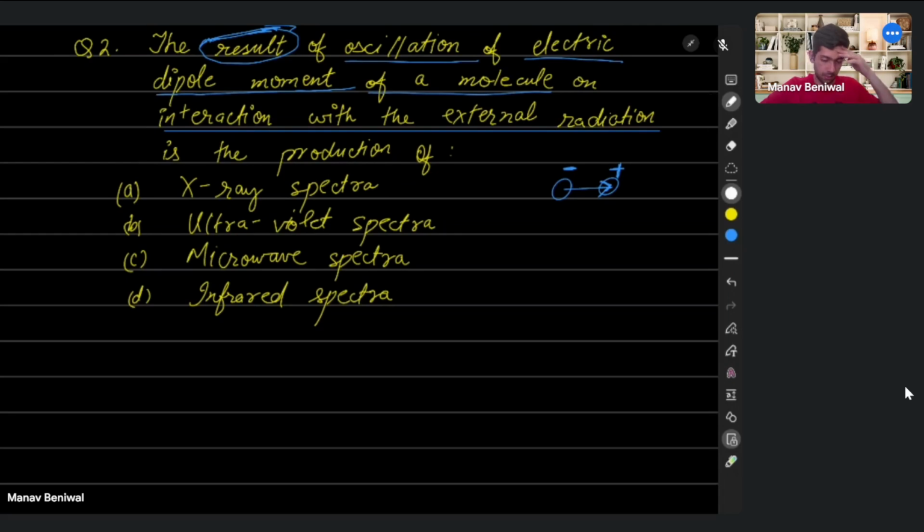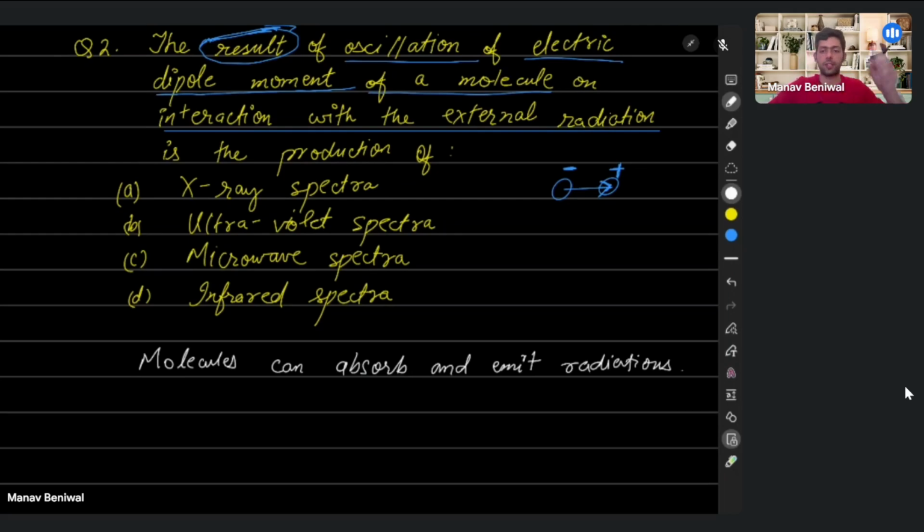Okay. So first of all, we should note that molecules can absorb and emit radiations. That is why we see molecular spectra.